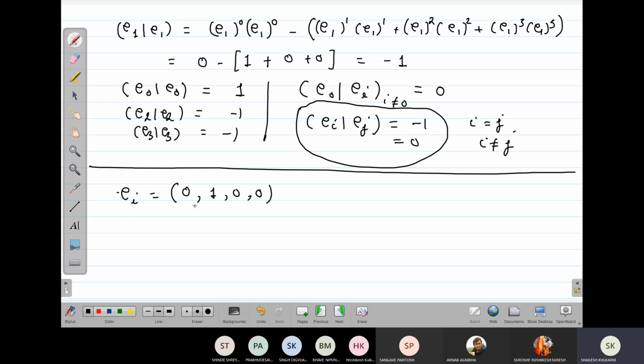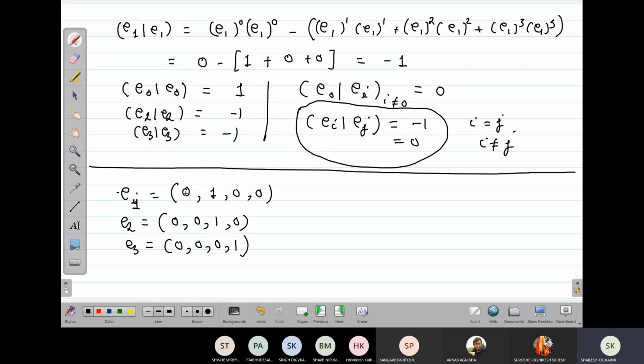But suppose I write explicitly, so this is E1, E2 will be 0 0 1 0, and E3 will be 0 0 0 1. So what is common in these? In all three, the first entry is always 0. The rest are exactly the same as your basis vectors in R3. So if I take their dot product, I should get the dot product in R3.